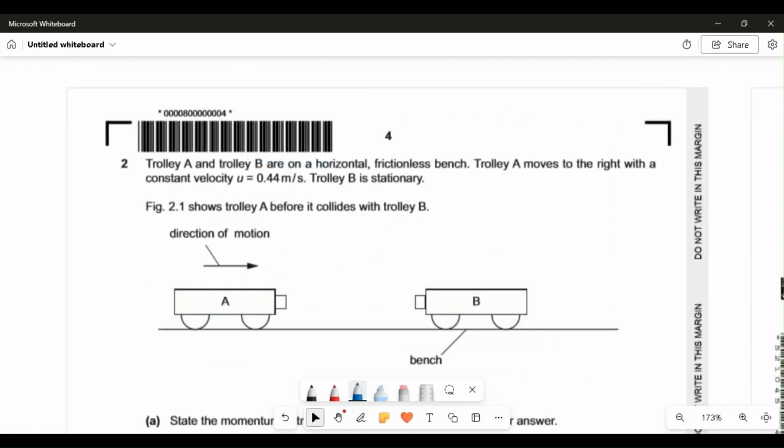Question number two. As we can see in the figure, there are two trolleys. The statement says that trolley A and trolley B are on a horizontal frictionless bench.